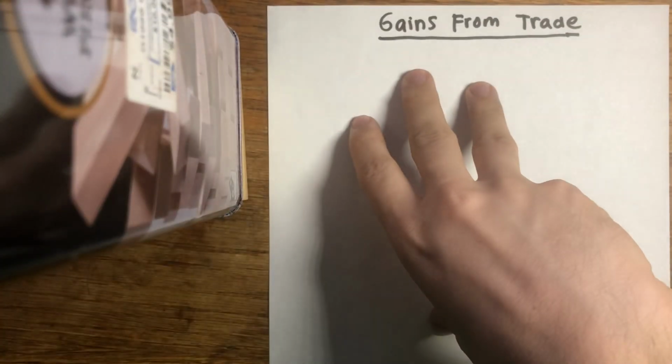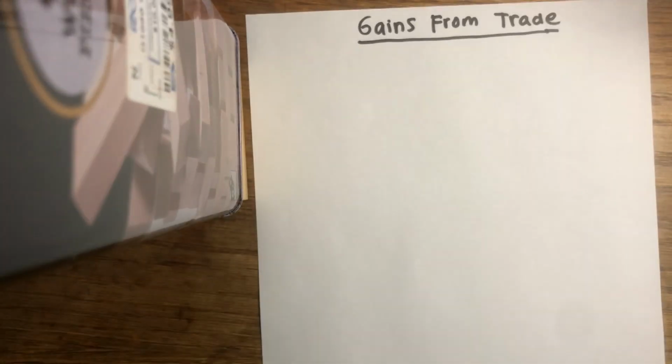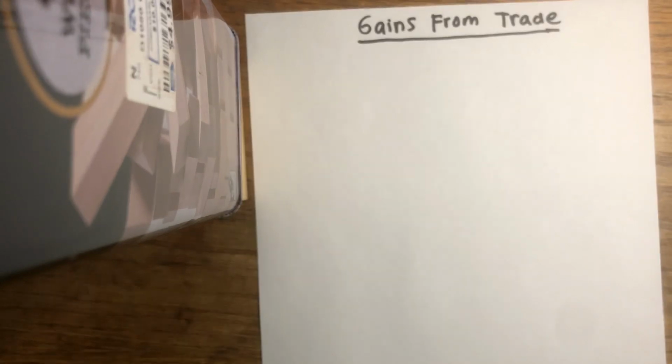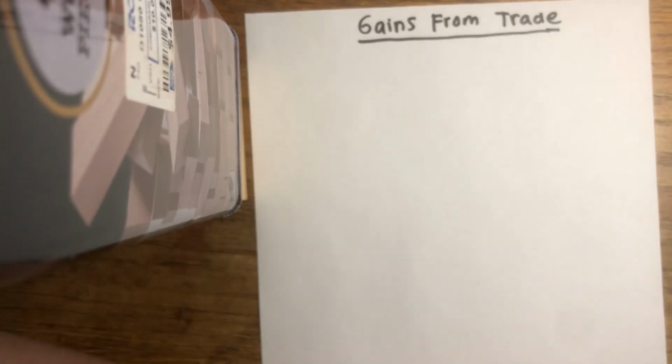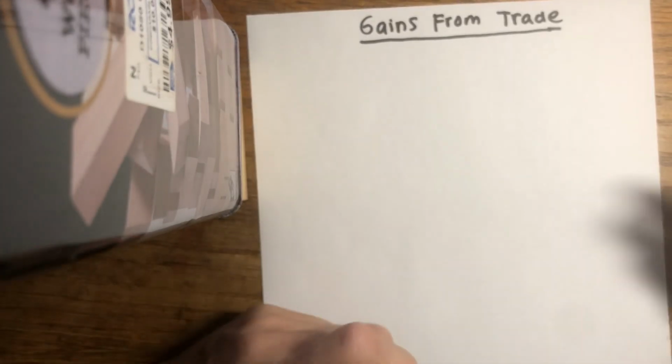Specialization basically means that if you have one trader who's good at making one good and the other who's good at making the other one, when they trade, they are better off from trading than if they were just to produce on their own. As I go through the example of how numerically this makes sense, you'll see what I mean by this principle.